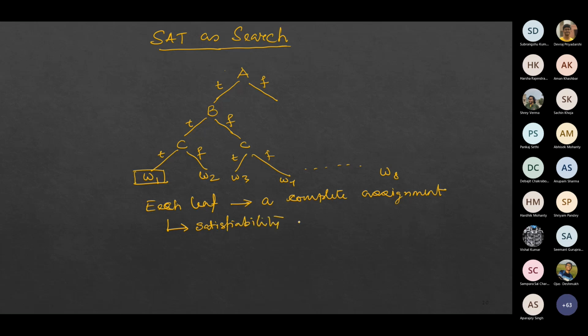And what will that concern? It will just try to check or search for the leaf that satisfies delta, right?